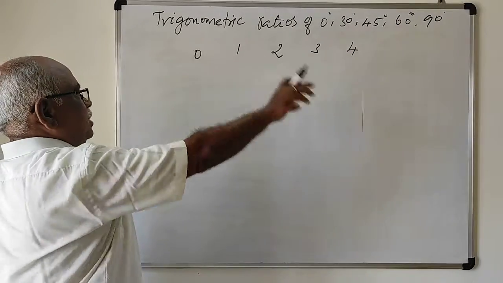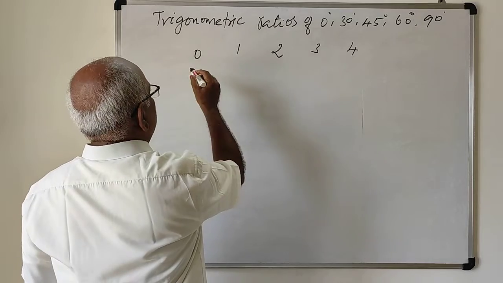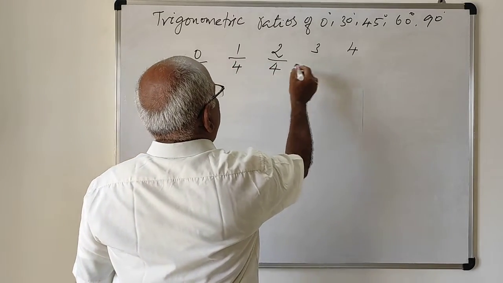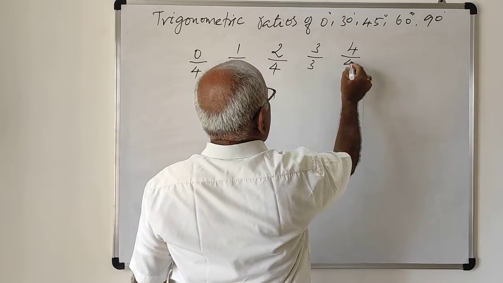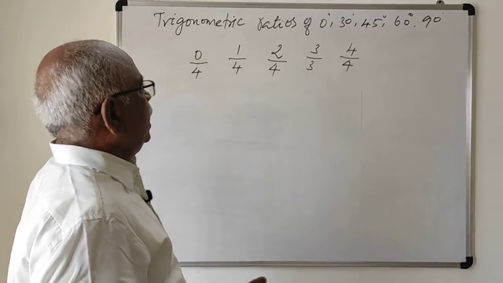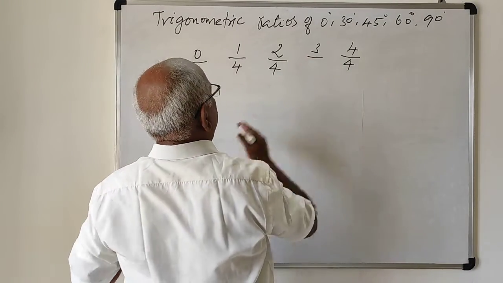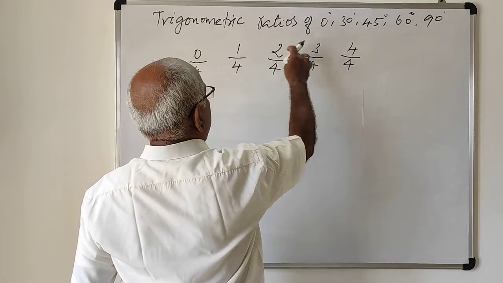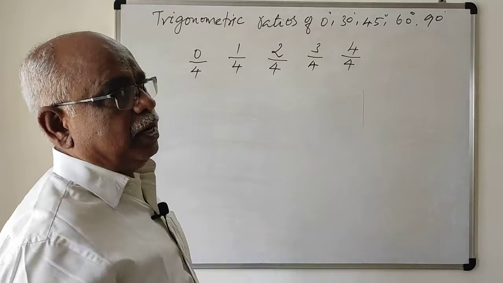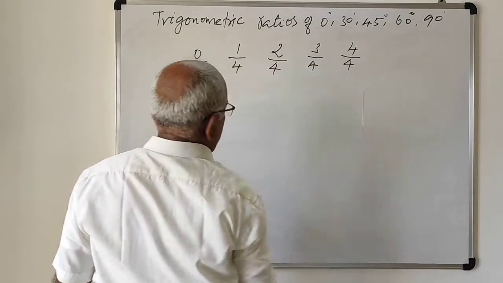Just for that, you write the numbers 0 to 4, and you divide each number by 4. 0 by 4, 1 by 4, 2 by 4, 3 by 4, 4 by 4 and so on.